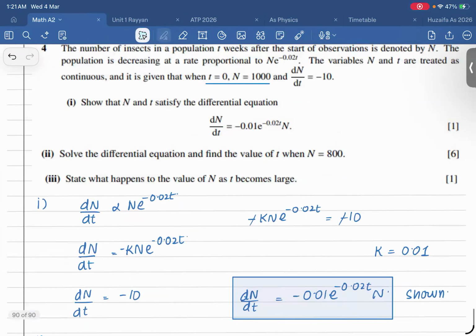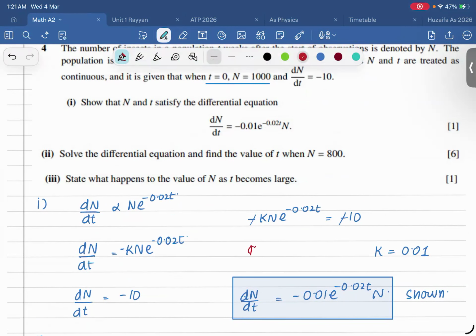When you equate them, k would be this one, n would be 1000, e to the power minus 0.02 and t would be 0, right?